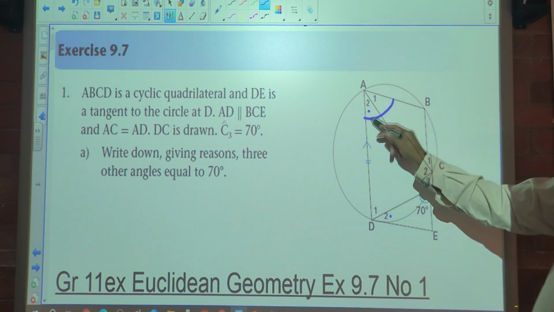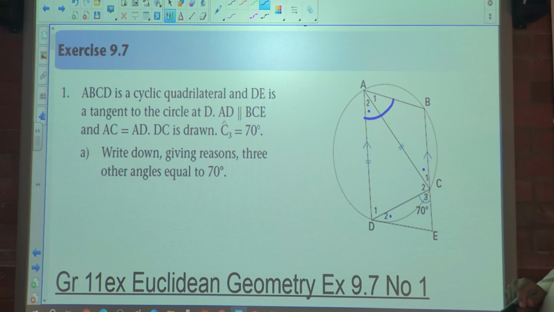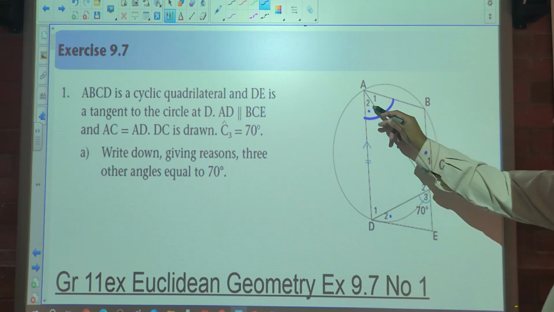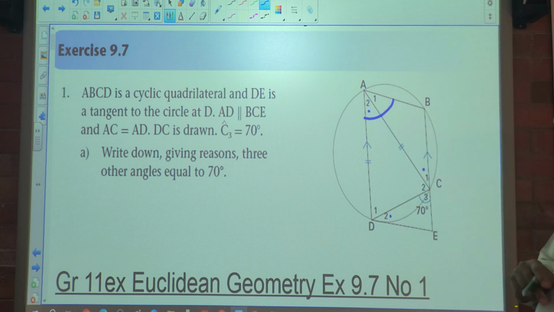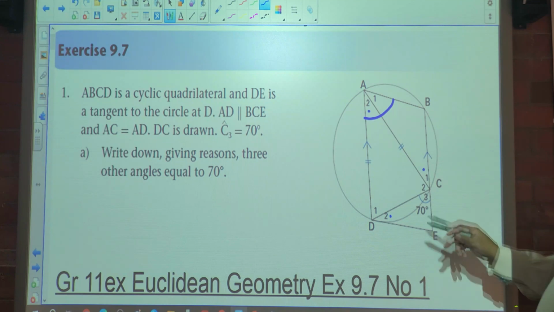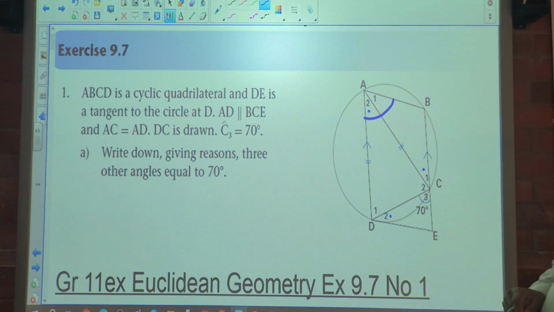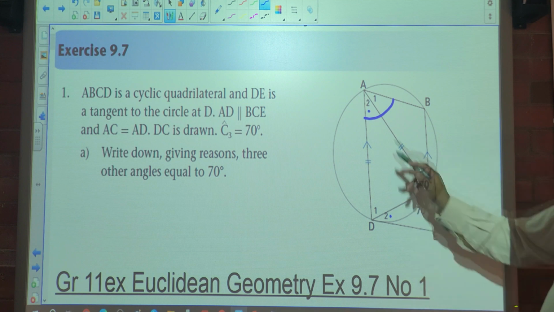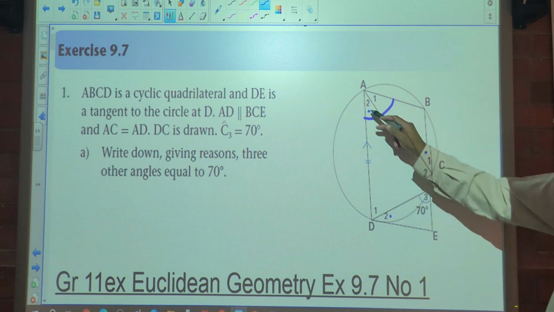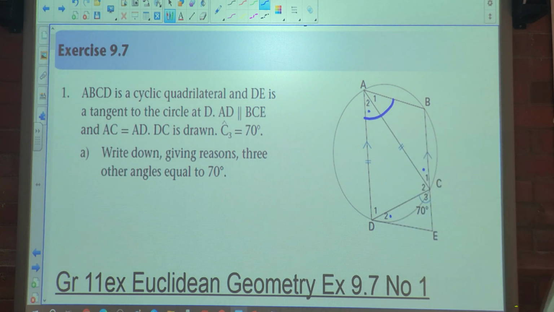So here's 1. That was the exterior angle of cyclic quad, no? Where else? D2. No, A2 and D2 is here.